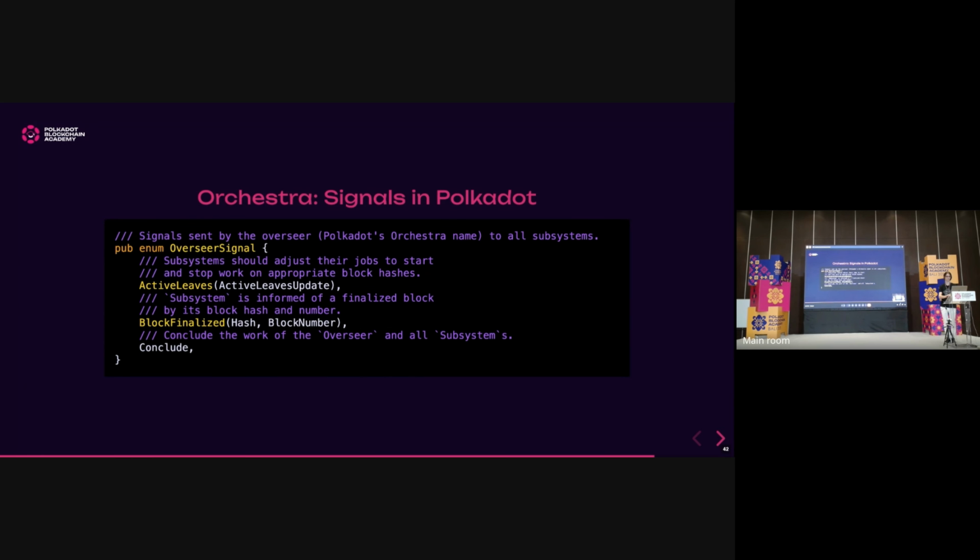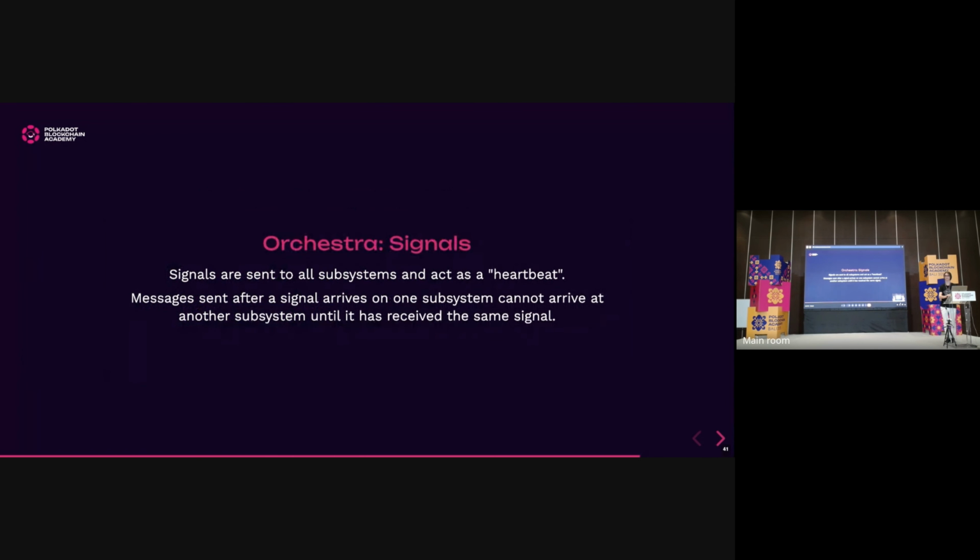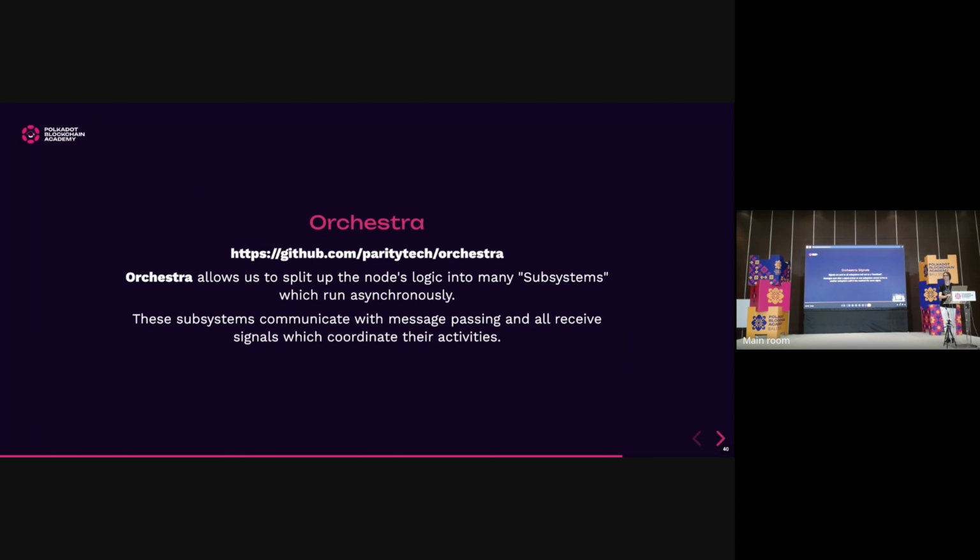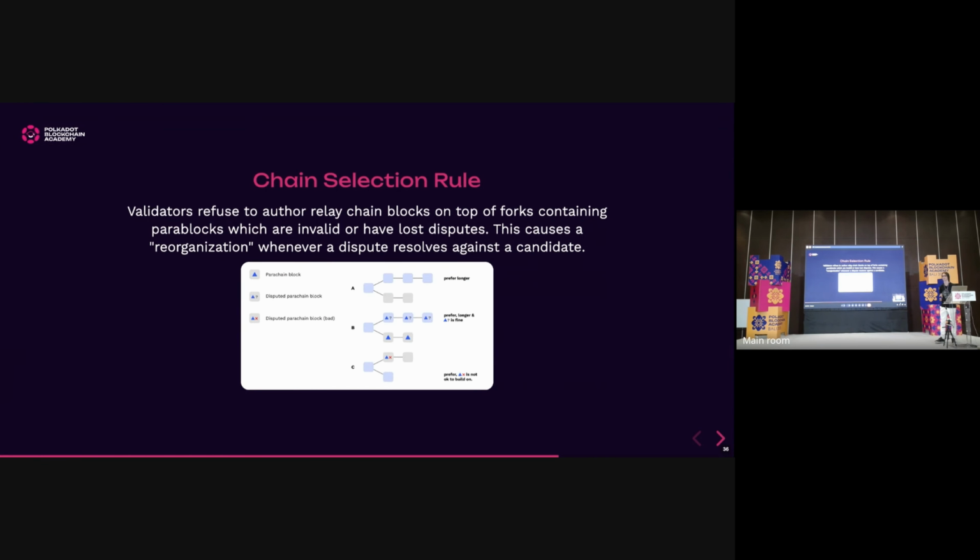Hello. Can we go maybe 2 slides back? Yeah. So we decided that disputed parachain blocks, we'll just try avoiding them while forming the relay chain block.